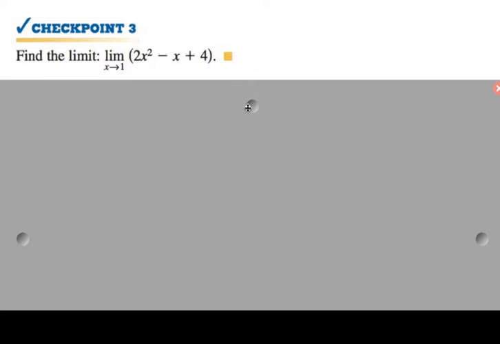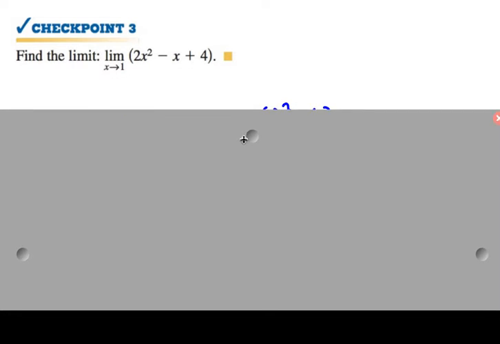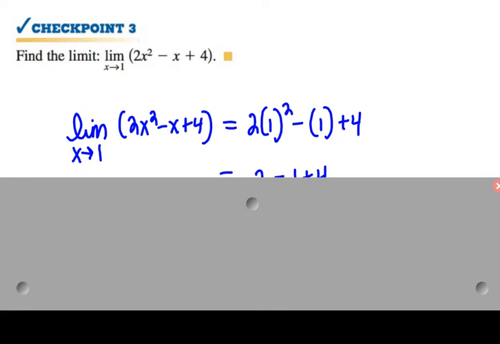Now I'm going to tell you something here. I'm ready to reveal the answer, but I do think it's a really good idea, especially in the very beginning, that you rewrite your problems down so you get used to how to write them. The limit as x approaches 1 of 2x squared minus x plus 4 is equal to direct substitution. You're going to take the 1 and you're going to directly substitute it in for x because polynomial functions are continuous.